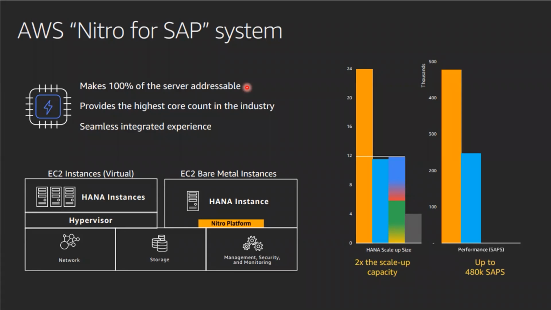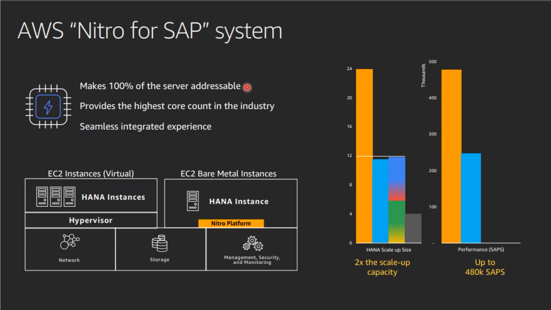So for especially EC2 bare metal instances, the HANA instance can make use of these underlying physical resources directly, and you'll not feel the virtualization layer underlying it. So you'll get the best performance, especially for your SAP workload.